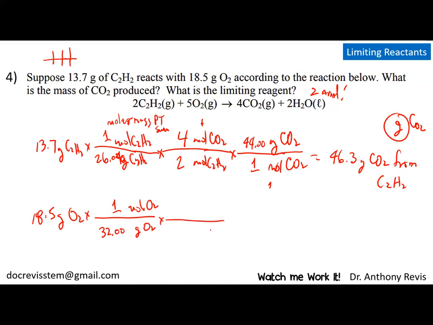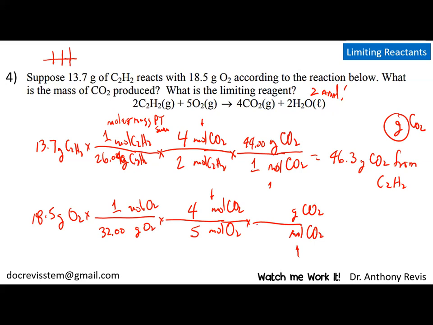Then mole on the bottom, moles O2, and we're trying to go to moles CO2. We simply read what's in front of them. In front of the CO2, I have a 4. In front of the O2, I have a 5. Then it goes to grams CO2.